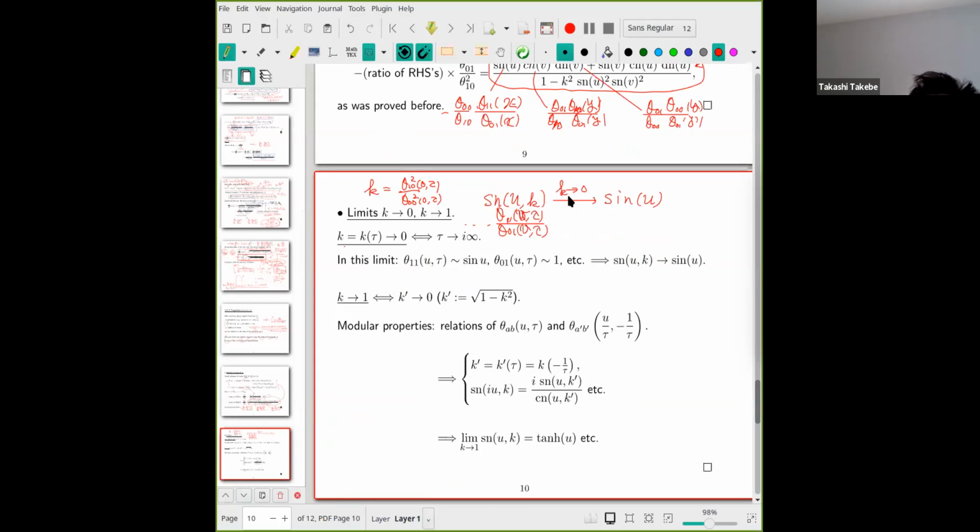We need to know what limit of tau we should take, and this is the answer.